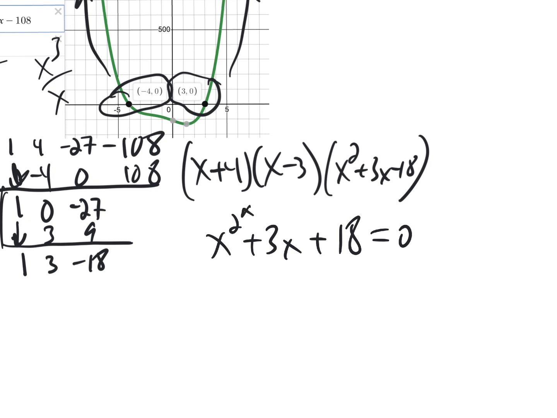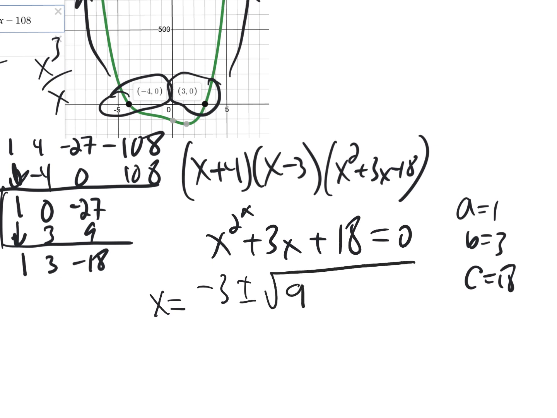That means it's a quadratic equation, so you can use the quadratic formula, which is negative b plus or minus the square root of b squared minus 4 times a times c all over 2 times a. Remember, in this problem, a is 1, b equals 3, c equals 18. And now we've got some arithmetic to do.